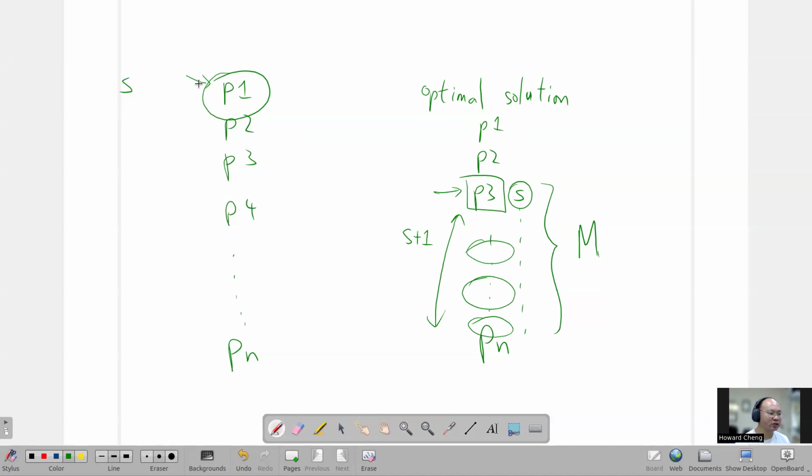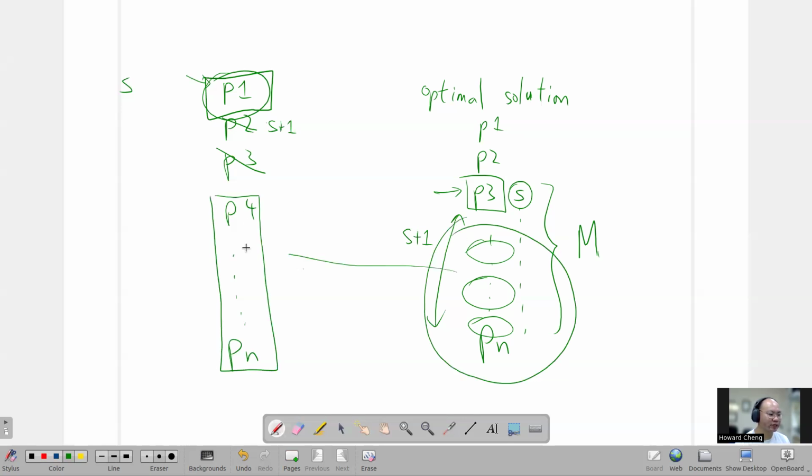Now, imagine that I just do P1 because S also falls in that. From this point on, I am at S plus 1 because I did a problem. If I decided just to skip P2 and P3, and follow whatever problems I choose to solve in here, I would have obtained the optimal answer too.